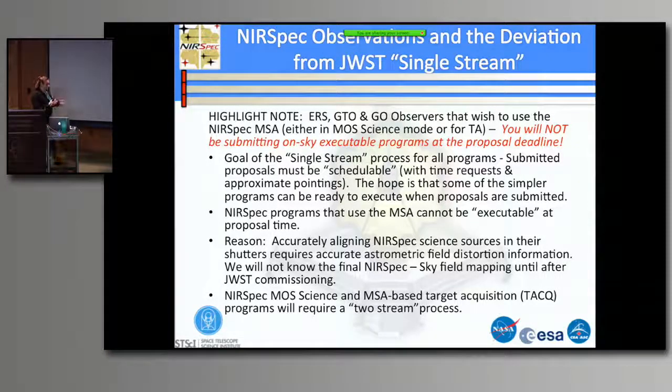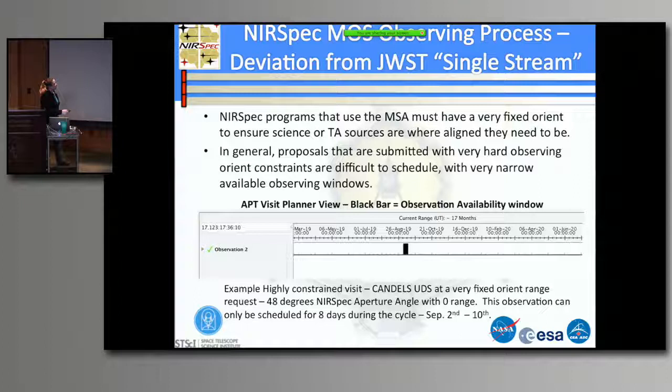We've never taken an image from the NIRSpec focal plane all the way out to the sky, so we don't have the full distortion, and we can't accurately place sources in the shutters yet. And so the NIRSpec MOS science and MSA-based target acquisition programs will require this two-stream process with an update after the proposal deadline.